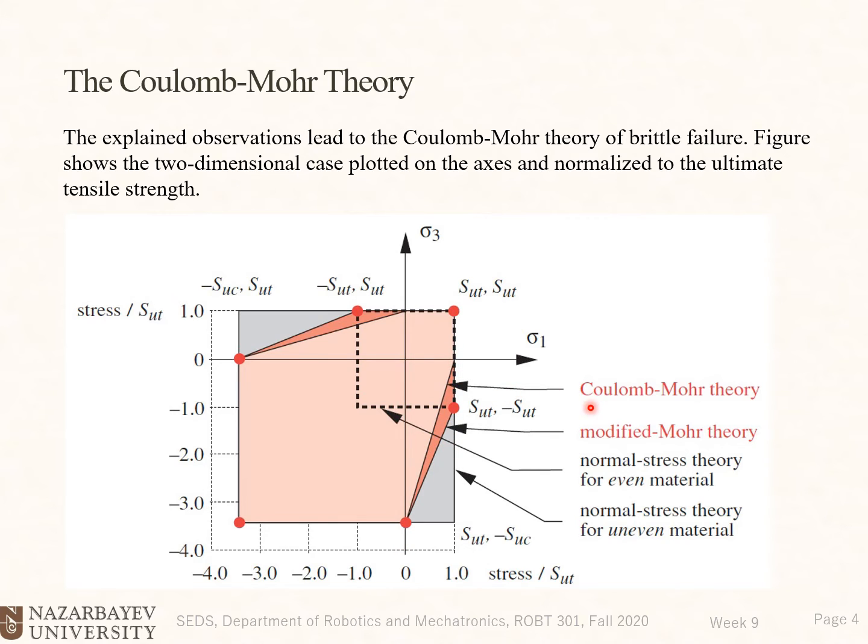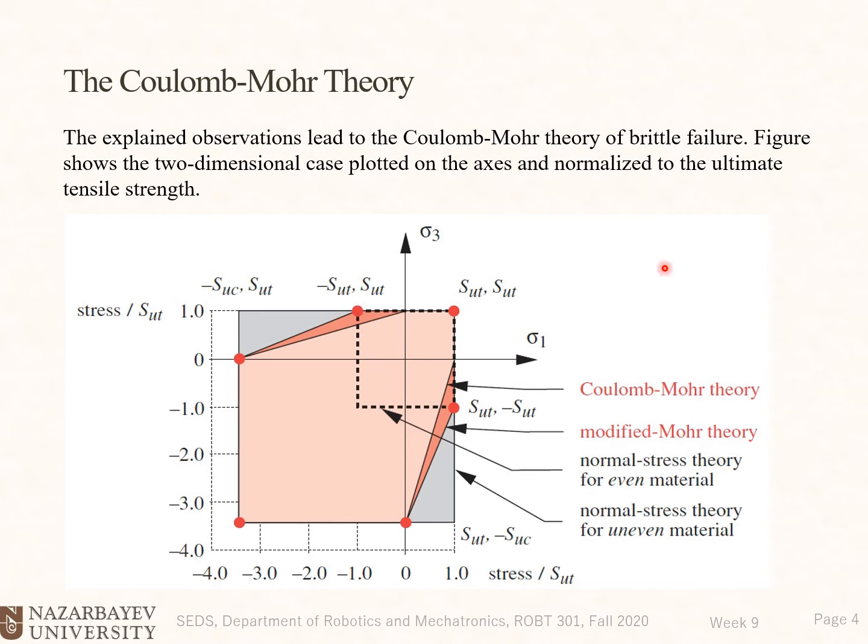So you see the difference between the Coulomb-Mohr theory and the modified Mohr theory. In the modified Mohr theory, we connect the corner of this dashed square to this point, the intersection of the y-axis with this horizontal line, and also here. So this line belongs to the Coulomb-Mohr theory, and this line belongs to the modified Mohr theory.